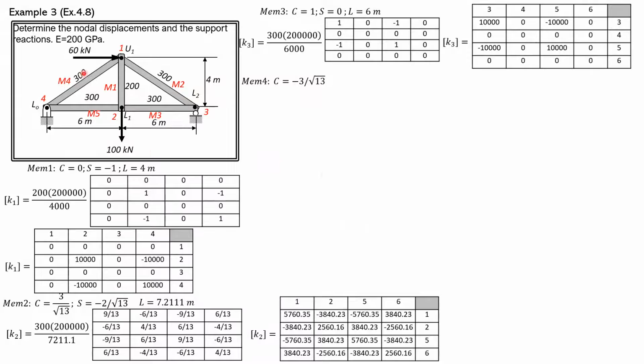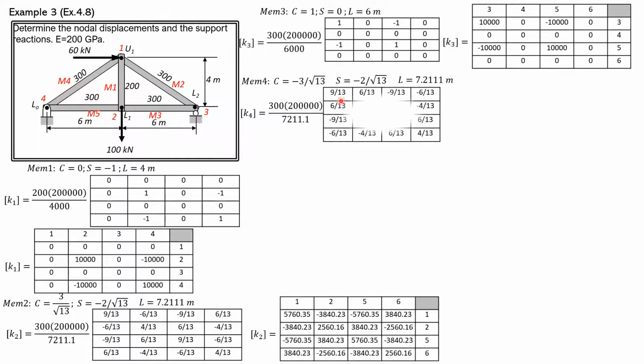Number 4 is 1278. Number 4, the cosine, it is directed down to the left. So the cosine is negative, the sine is negative. So the cosine is negative 3 over square root of 13. The sine is negative 2 over square root of 13. The length is 7,000, or 7.2111 meters, just like number 2. Then K4 is area, 200,000 over length times the quantity cosine square, so 9 over 13.